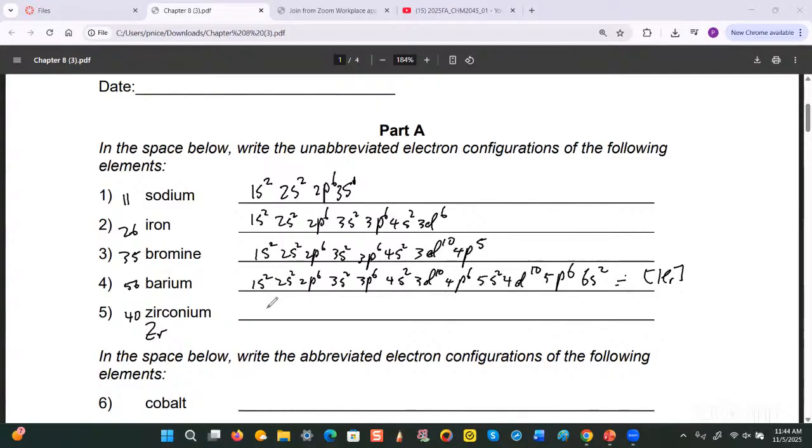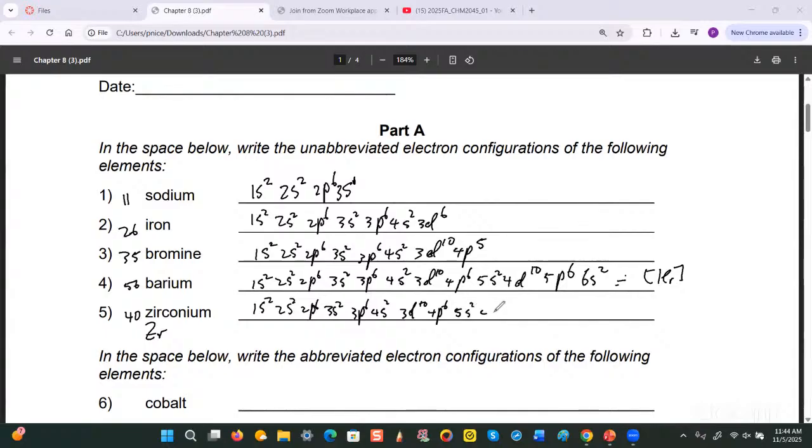Okay, so for zirconium, 40: 1s2, 2s2, 2p6, 3s2, 3p6, 4s2, so that's 20. Then 3d10, that's 30. Then 4p6, so that's 36. 5s2, so that's 38.